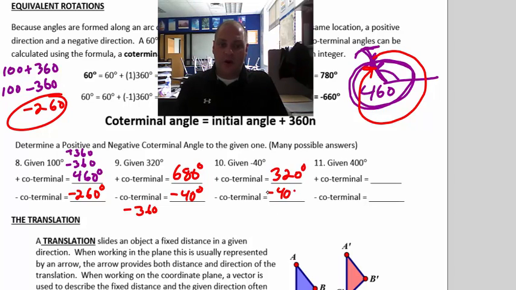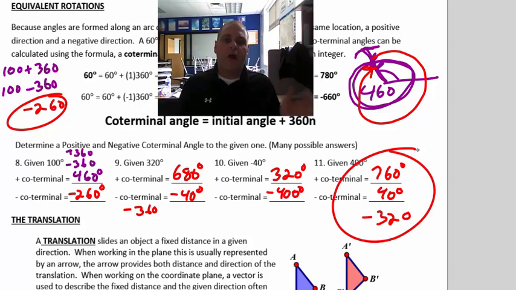That gives us negative 400. 400 plus 360 is 760. 400 minus 360 is 40. And then you can subtract 360 again and get negative 320 if you want. So these are all coterminal angles. They all end up in the same spot.